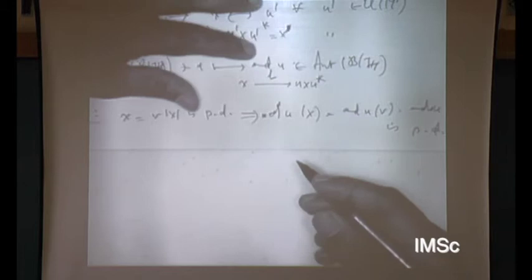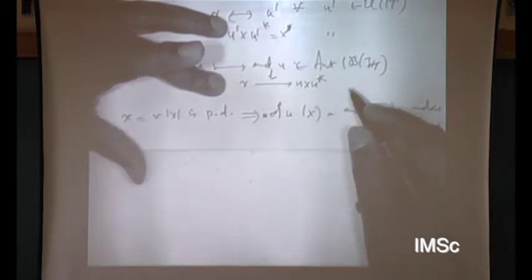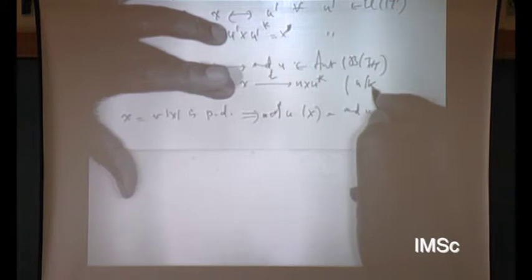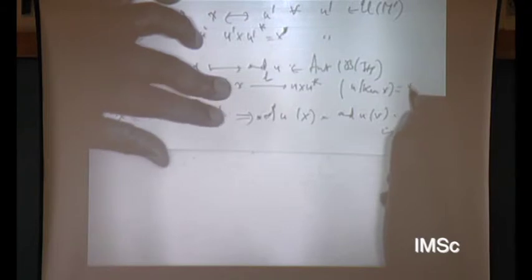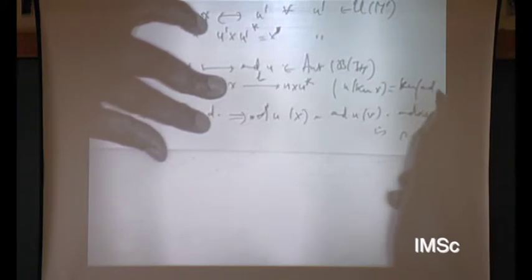That means xi is in the kernel of U x U star if and only if U star xi is in the kernel of x. That means if you read it the other way, this will say that U of kernel x equals the kernel of Ad U of x.